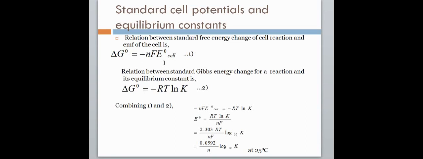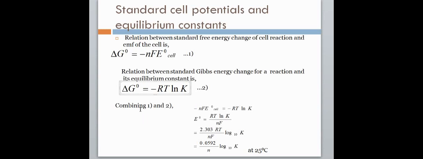This is something that we saw in the previous slide, isn't it? The relation between standard Gibbs energy, that is delta G0, for a reaction and its equilibrium constant is this. This is something that we had seen in the chapter chemical thermodynamics. Delta G0 is equal to minus RT ln K.